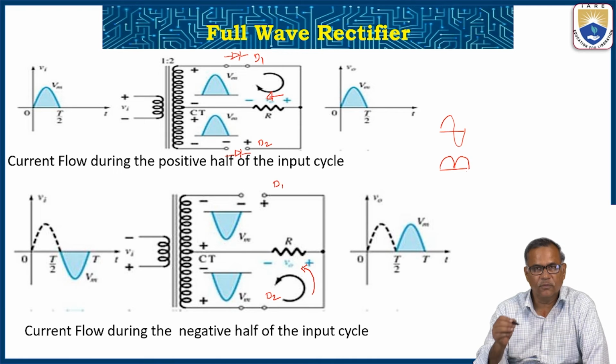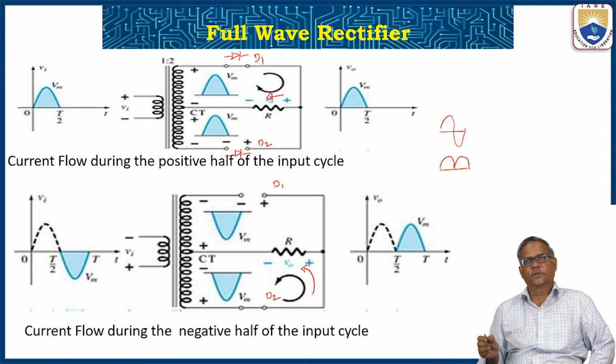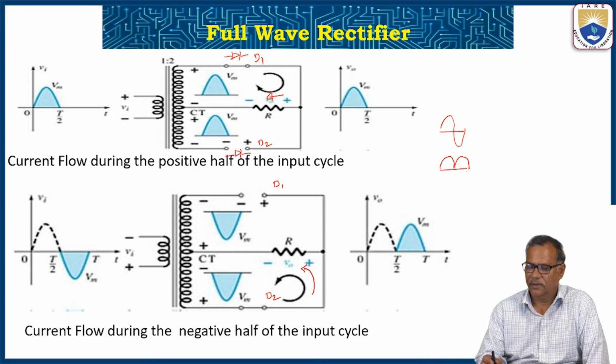So in both positive and negative half cycles, the current through the load resistance is in the same direction. So we get output for both positive and negative half cycles, and this is the output. This is the output for the positive half cycle and this is the output for the negative half cycle.